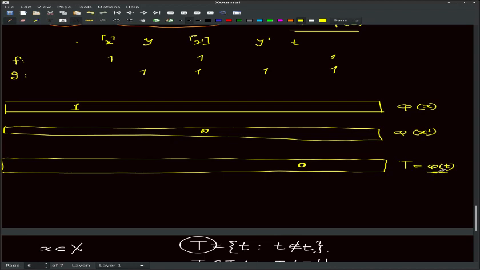But then, since t is a member of t, it means that there must be a 1 over here. But since it is the member of phi t, this place must have the value 0. So it says t must not belong to t.